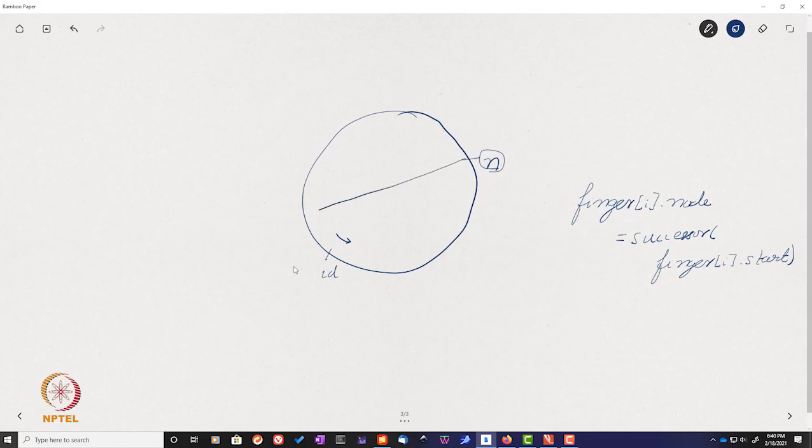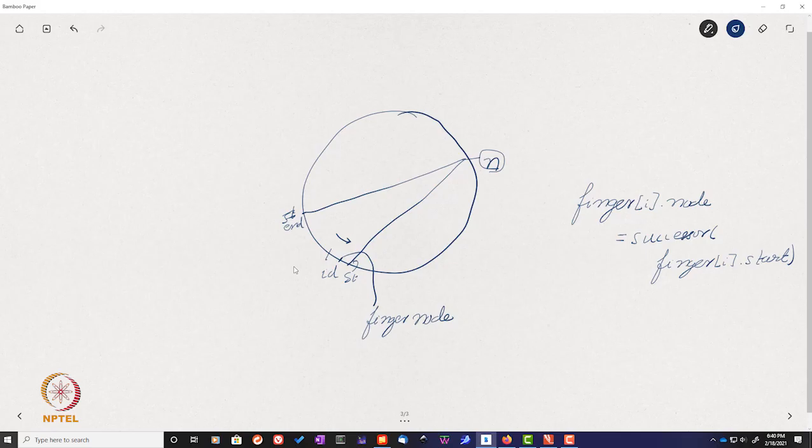It is possible that there could be a finger of this type. So sorry, this is the start of the finger. I stand corrected, this is the end of the finger. And maybe the node of the finger is over here. So let's call it the finger node.